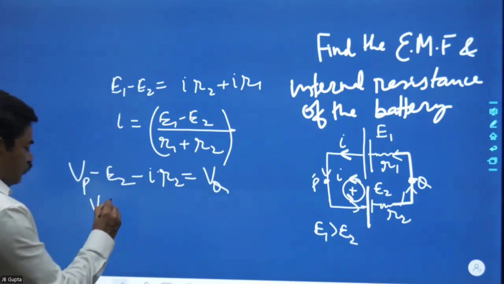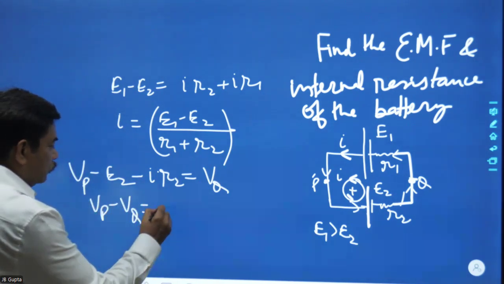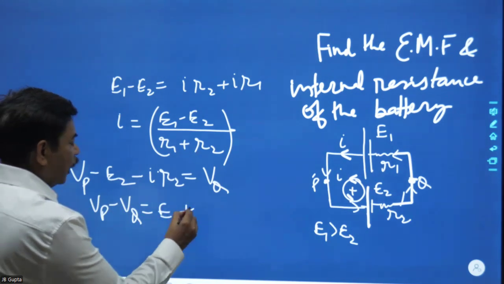So VP minus VQ will be equal to E2 plus IR.